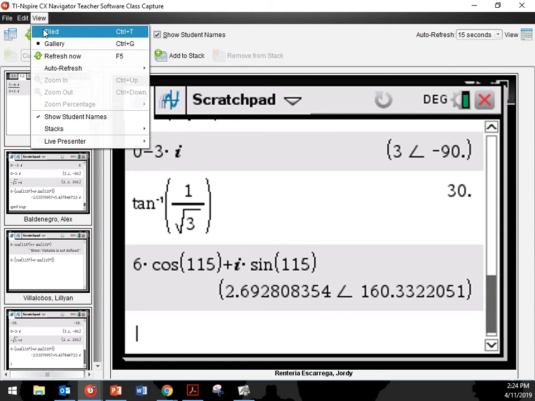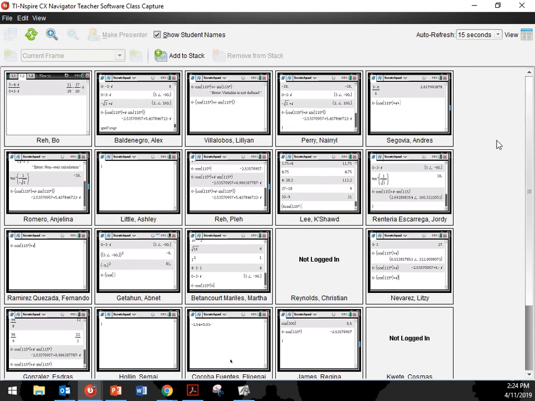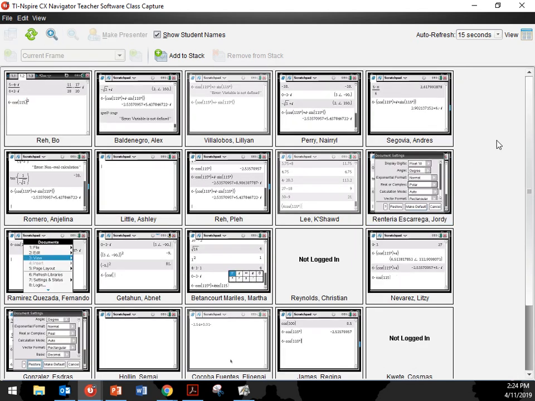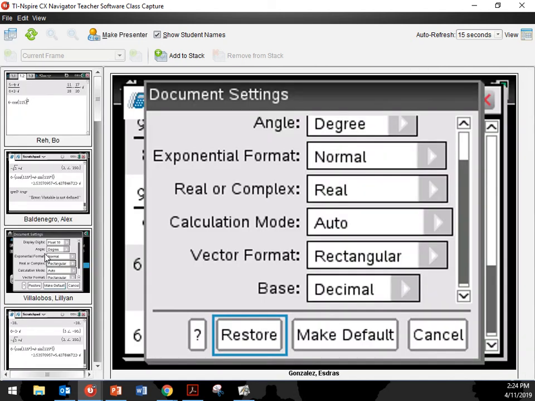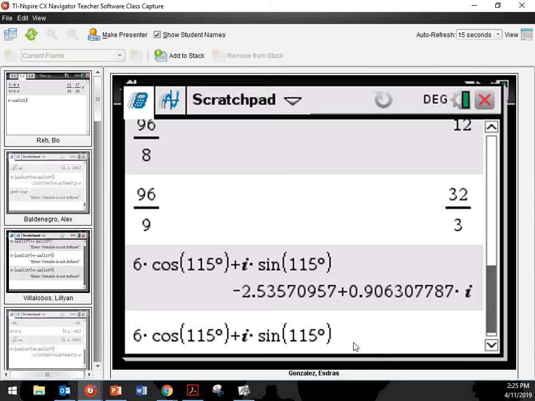Alright. I'm looking for you. There you are. So here's what I got right here for you. You are rectangular. Very good. Make default. Just press enter. There you go.